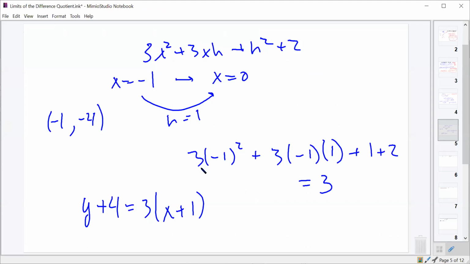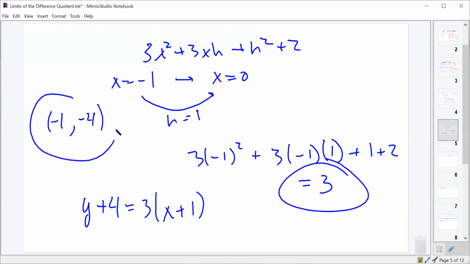Yep. Wait, could you repeat the y plus 4 equals 3 times x plus 1 step? Yeah, so we had a slope of 3, and we knew that the point -1, -4 was the point on our function at x equals -1.